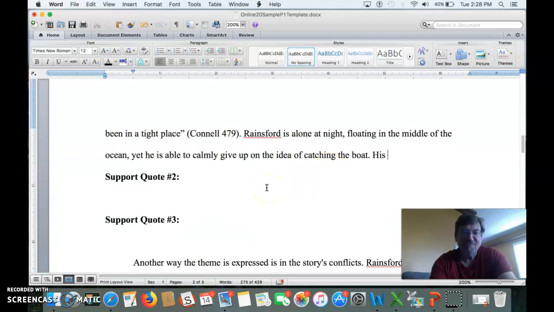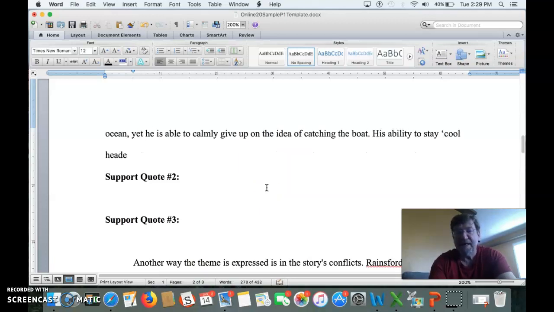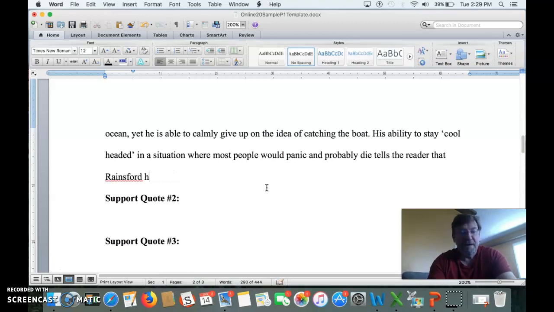His ability to stay, now I'm going to use the actual term, cool-headed in a situation where most people would panic and probably die, tells the reader that Rainsford does not really believe he is capable of being in trouble, at least not physically.